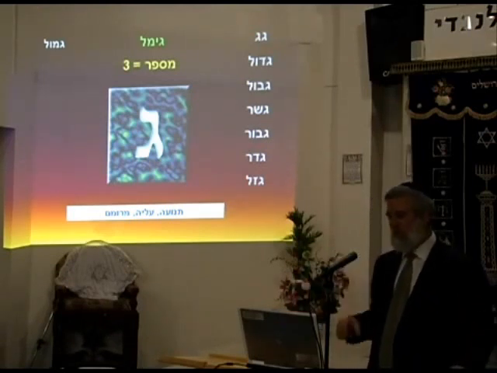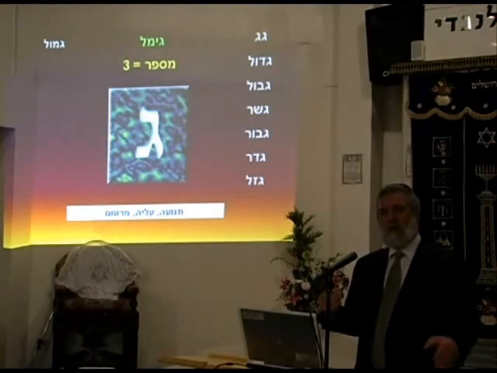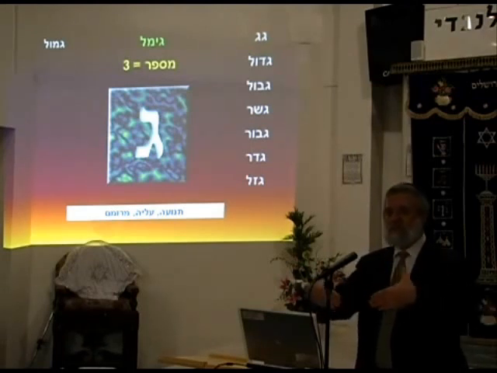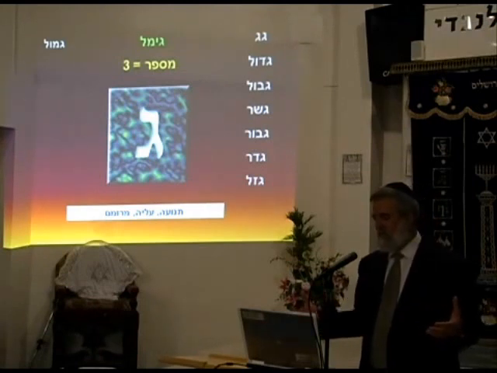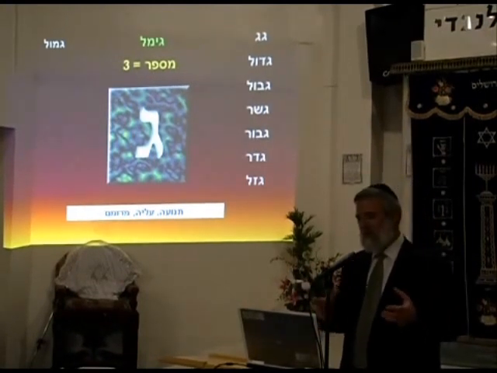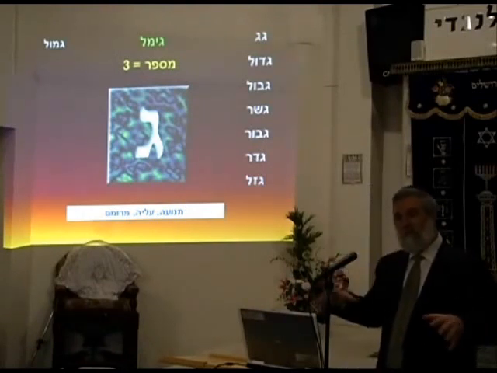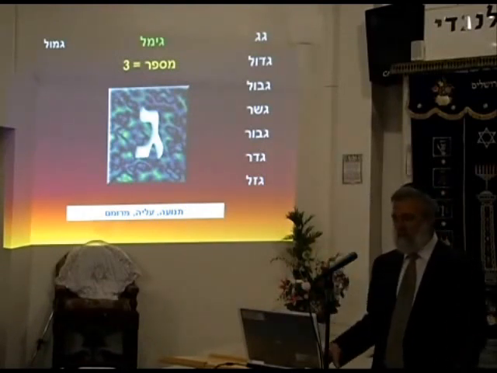And Gesher does something else. Gvul is a boundary because it has a bet, some sort of structure delimiting. Gadol has a gimel. It also has a lamed, it has a dalet. It therefore is something very, very grand.